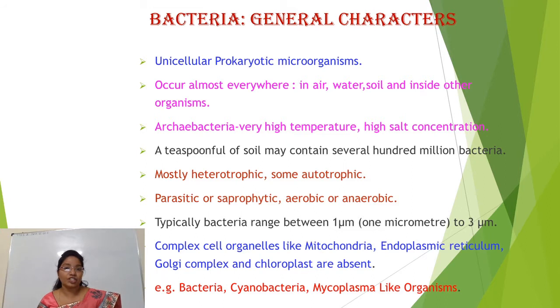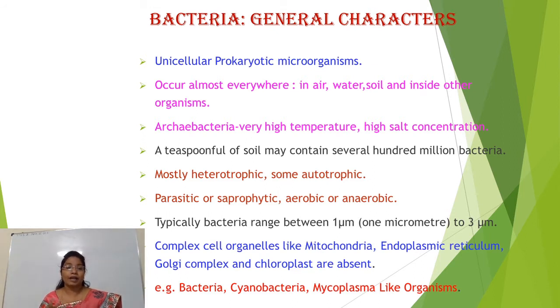The second feature of bacteria is they occur almost everywhere. That means they may be present in air, water or soil and inside other organisms. Such organisms which are present everywhere are called omnipresent.